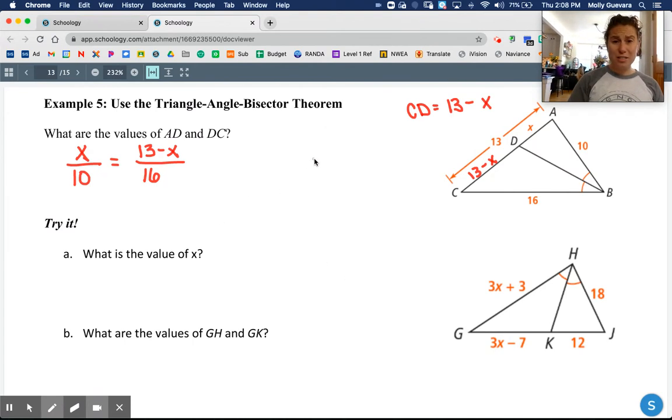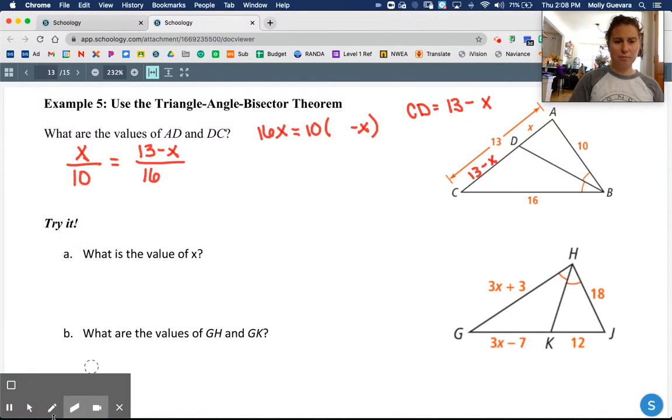And then we just do the same thing, we cross multiply. So X times 16 is 16X equals 10 times 13 minus X. So I have 16X equals 10 times 13 is 130 minus 10X.